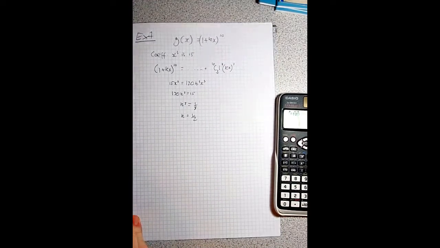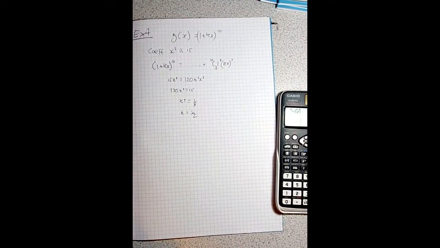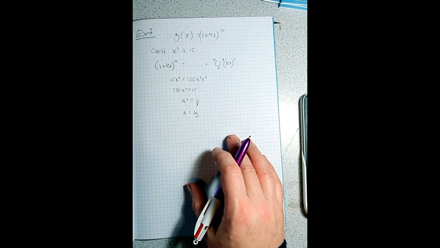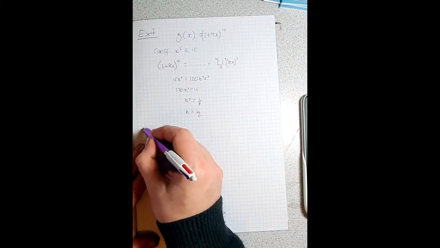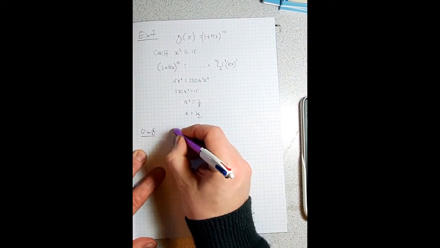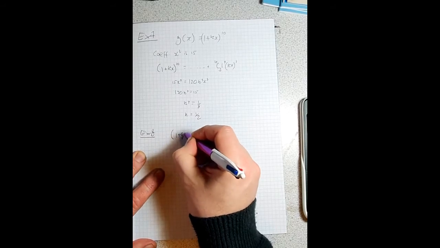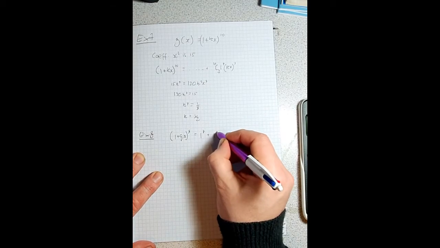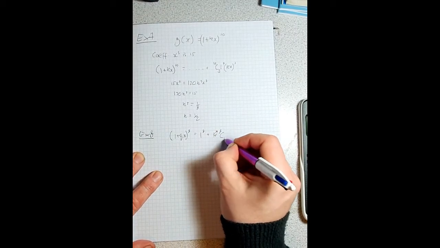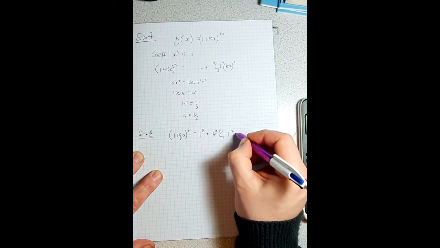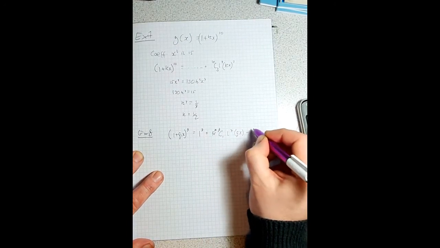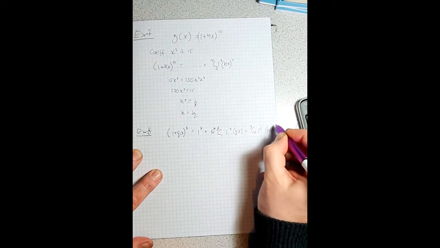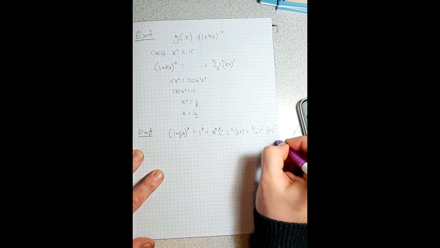Any more exercise? Oh yeah, there is one more example. Example 8, write down the first 3 terms. Well, let's do that first of all. (1 + qx)^8 is 1^8 plus 8C1 times 1^7 times qx plus 8C2 times 1^6 times (qx)^2, and so on.